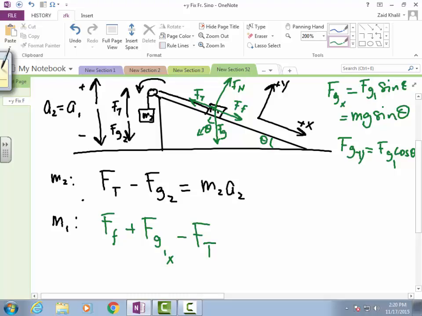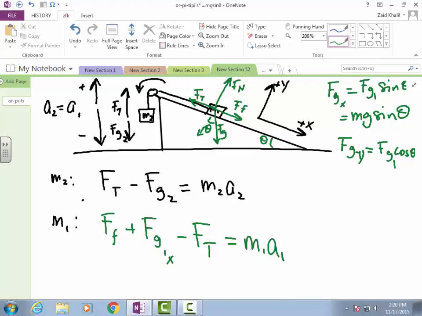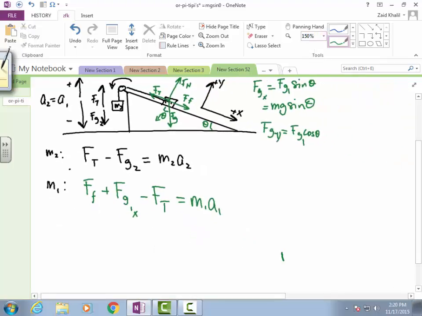Nope, so that's equal to M1A1. Before I even start filling in, what should I do with these two equations? Well, A1 equals A2 equals A. So this becomes M2A, and this becomes M1A.